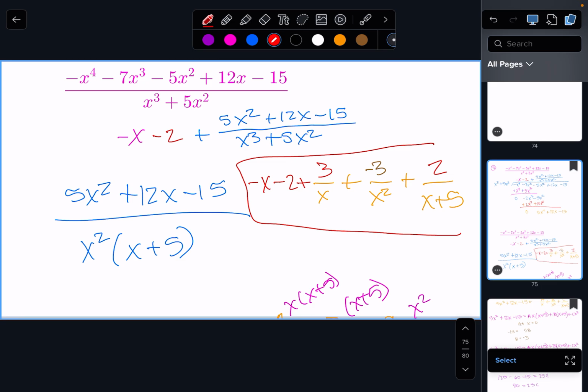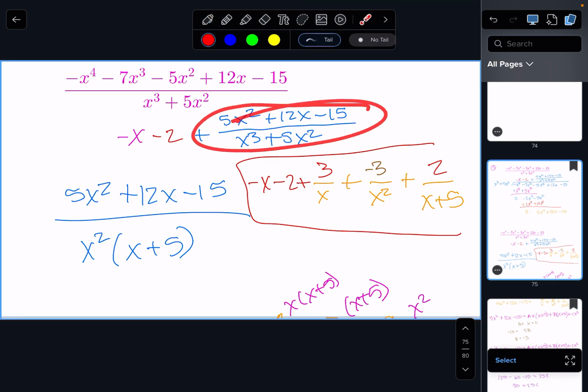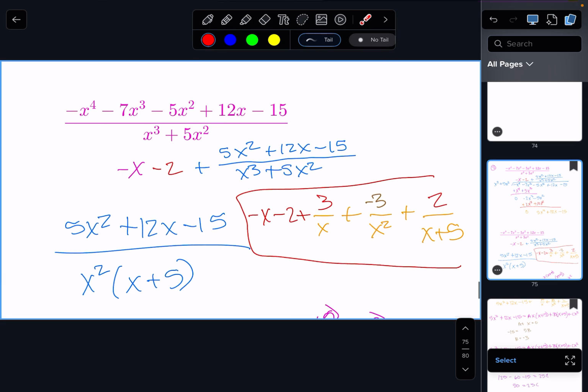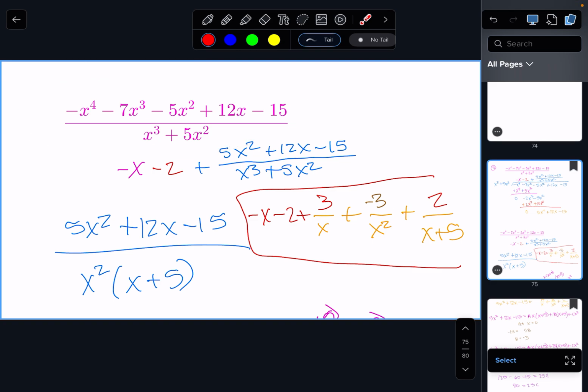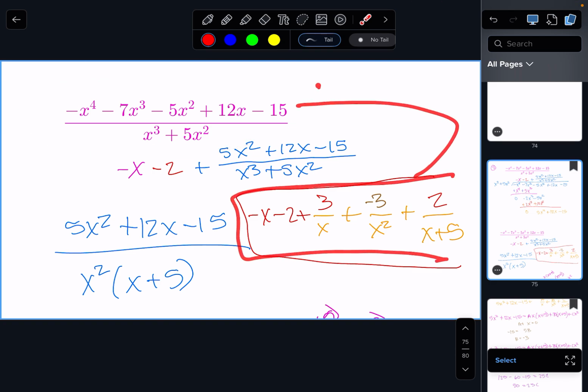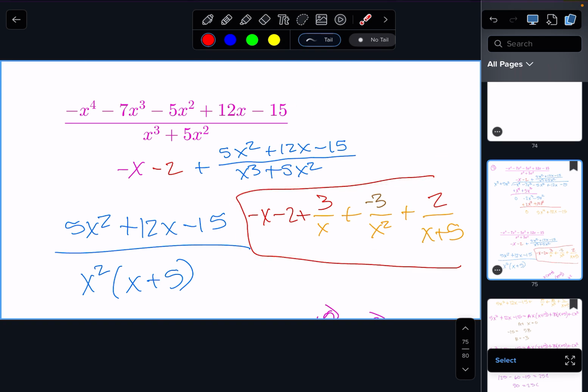I just did all of that work to replace this part, because the question says to write this in partial fraction decomposition. If you did all of the addition and got common denominators, you would get back to this pink guy up here, hopefully, if you did it right.